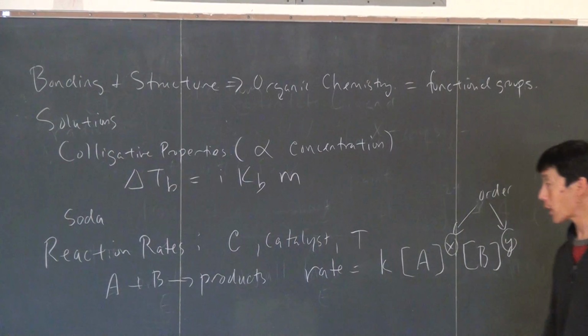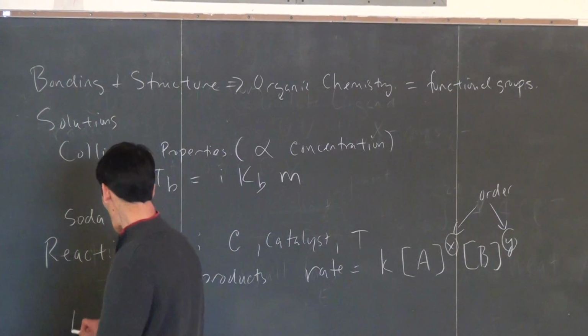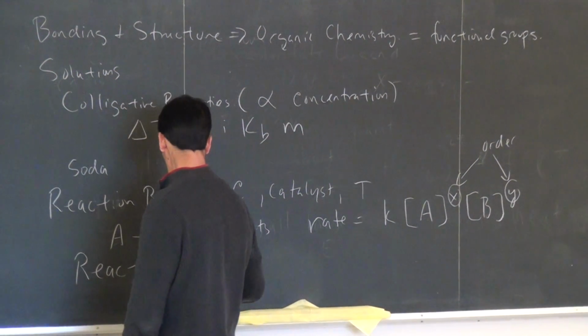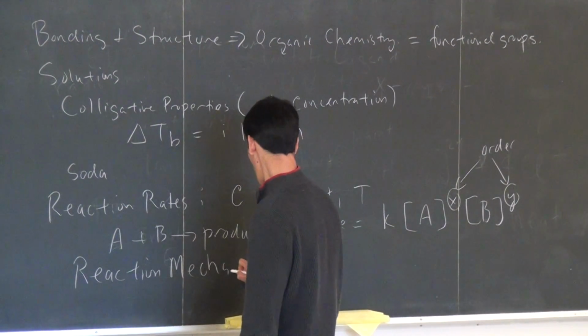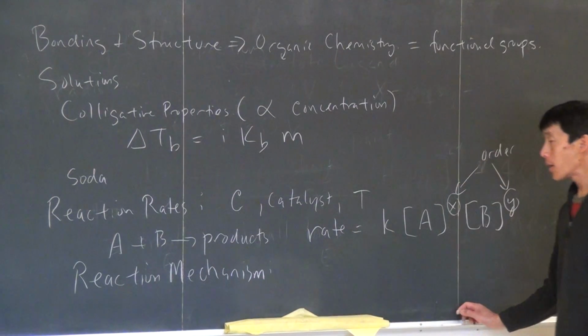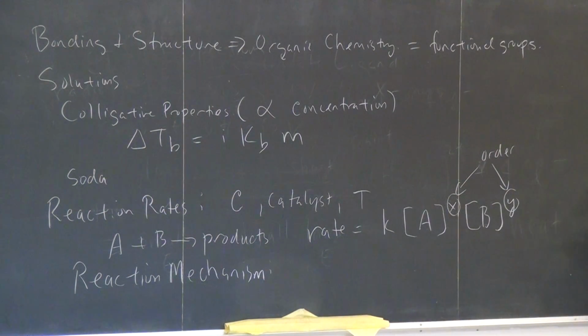Then from here, we can also look at reaction mechanisms. Based on the rate law, we can figure out the reaction mechanism. And what is the important step in the reaction mechanism? Because that step determines the rate of the reaction. Yeah, that's the rate determining step.